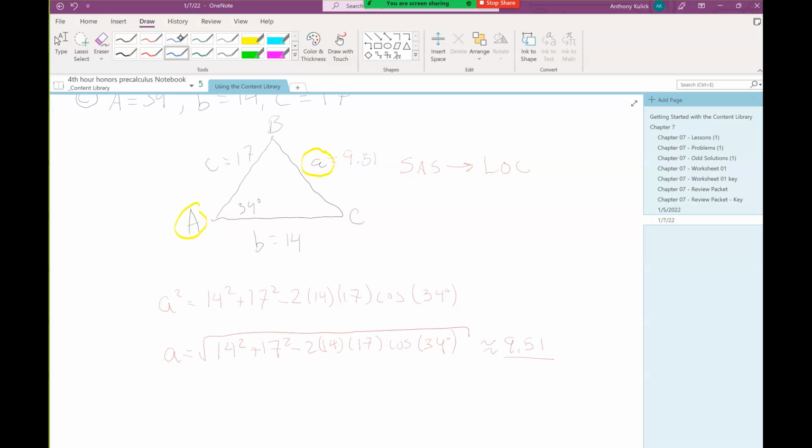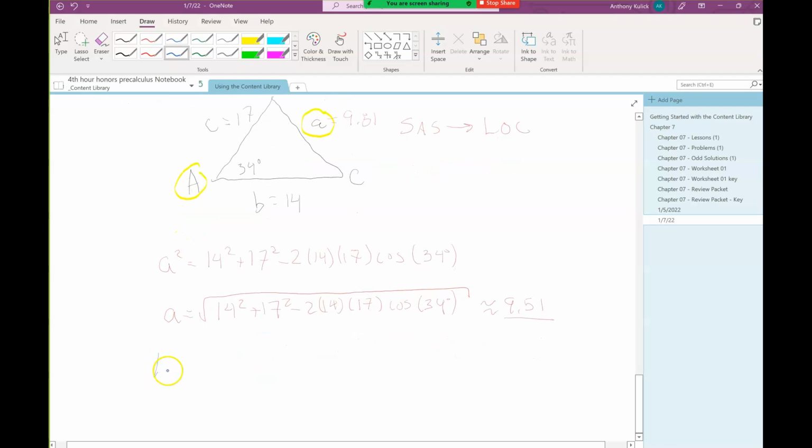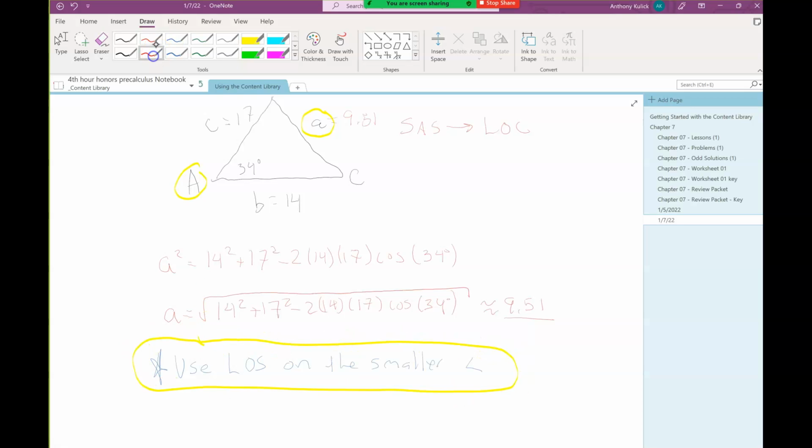Because the opposite side is smaller than the opposite side for C. So let's make a note of this. At this step, we're always going to use the law of sines to find that smaller angle.